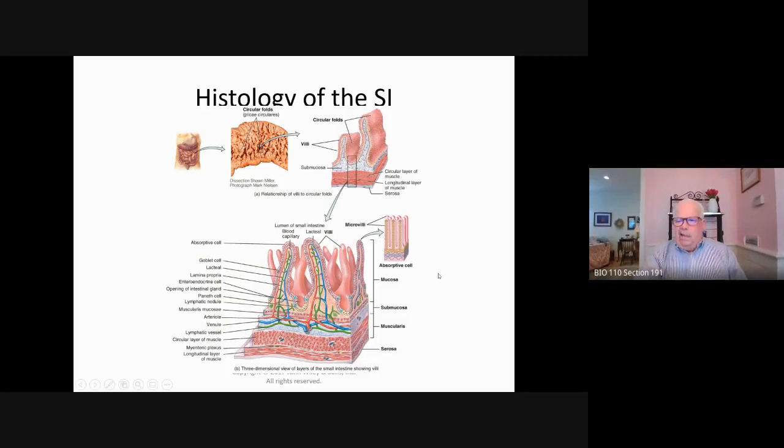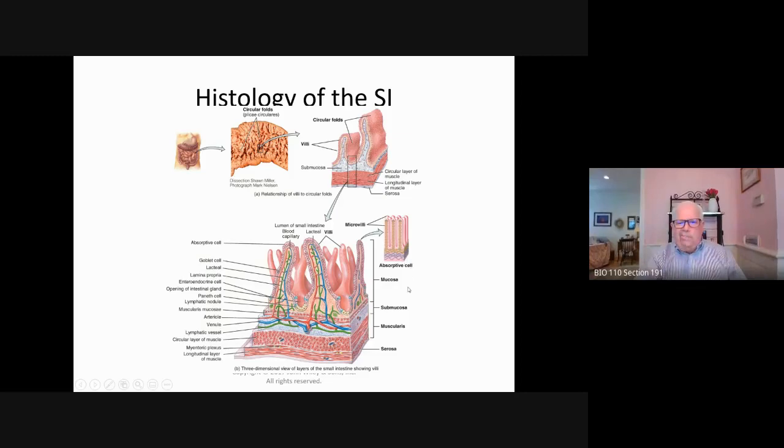Just like in the stomach, there are cells in the small intestine, but the majority of these cells have only one function, and that one function is to absorb the chyme into the bloodstream. So basically, the majority of cells in the small intestine are absorptive cells, okay?